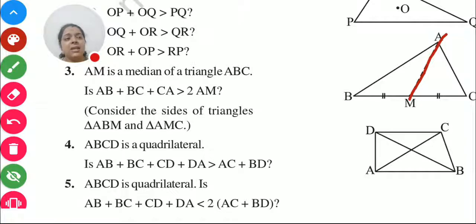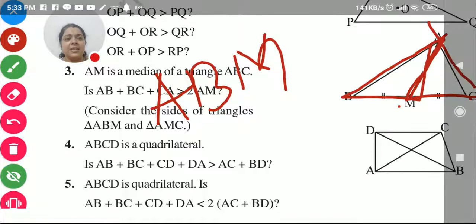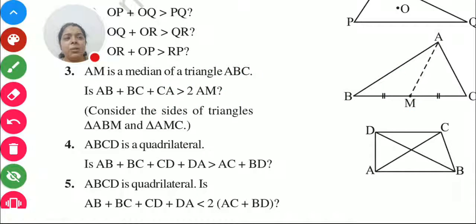So you can see that there are now two triangles: one triangle is ABM, and the second triangle we have is AMC. So why don't we go for the two different triangles and their properties, right?